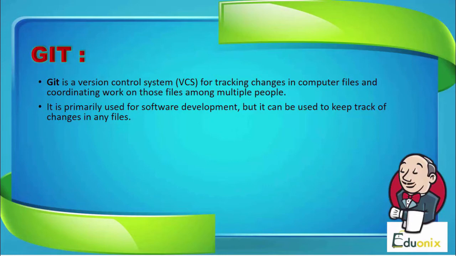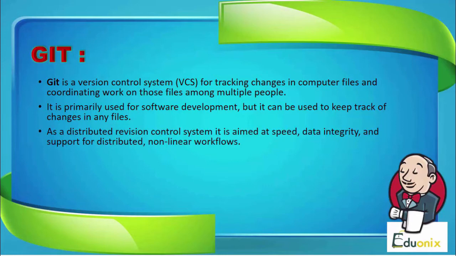Next, Git is again a distributed revision control system, as it is aimed at speeding up accessing or retrieving data, maintaining data integrity, and supporting distributed non-linear workflows. Git has multiple versions.